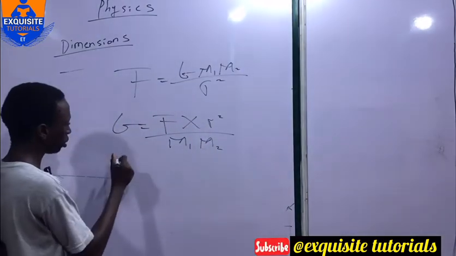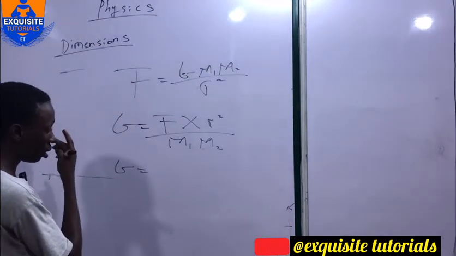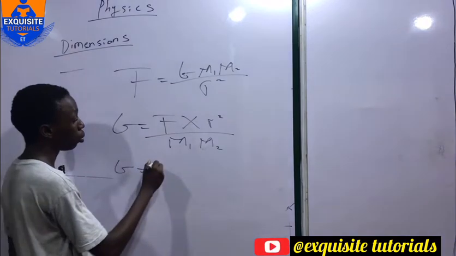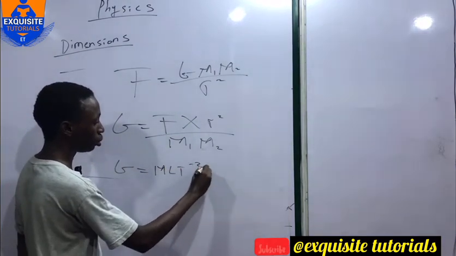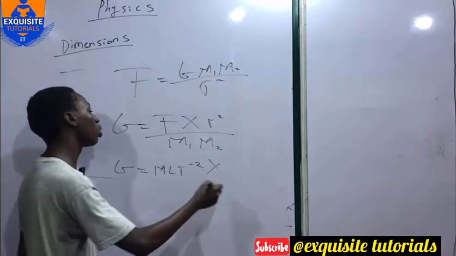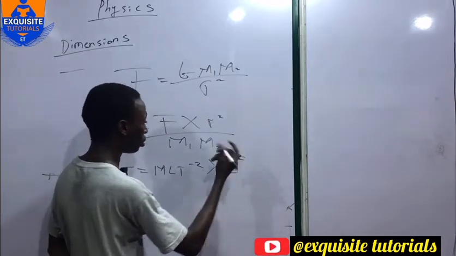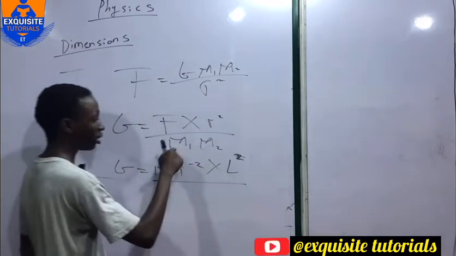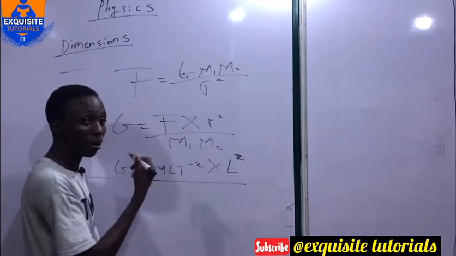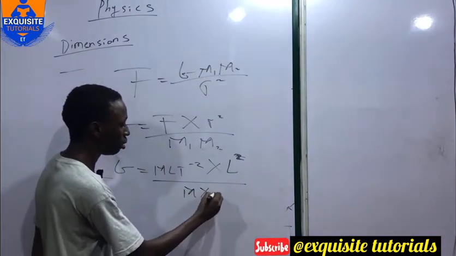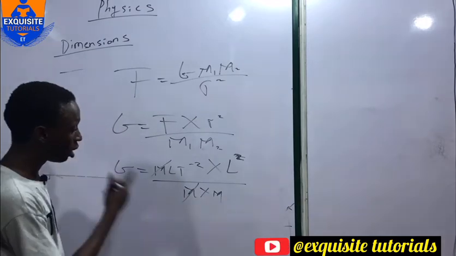Now we know that G is equal to force. We have put force before to be MLT^-2 times radius squared, which simply means L squared, because radius is length. Then m1 and m2 are masses, so we can say M times M. Now this M can cancel one M here because they are all joined by multiplication sign.